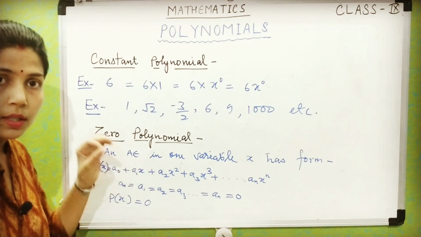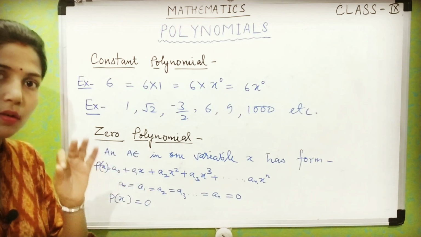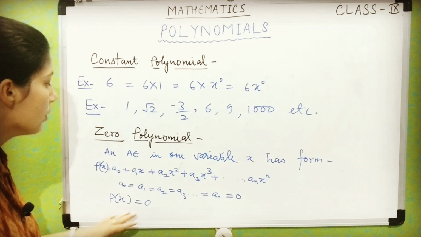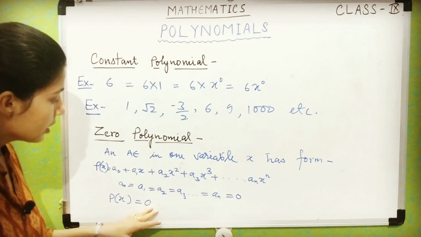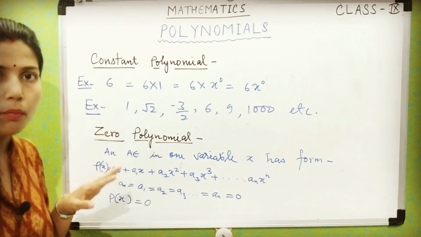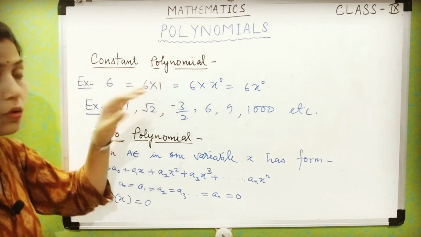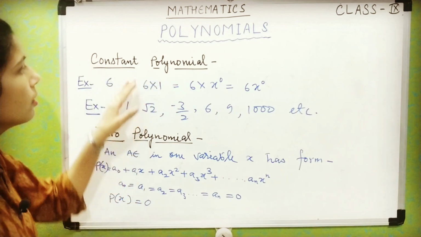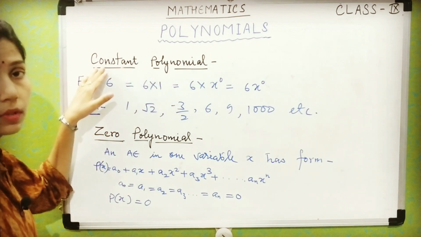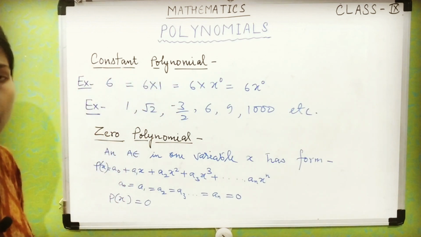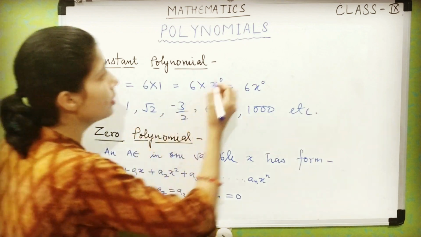Only 0 is also a constant polynomial, but in particular if we take 0, that will be the zero polynomial. Every non-zero constant is called a constant polynomial.